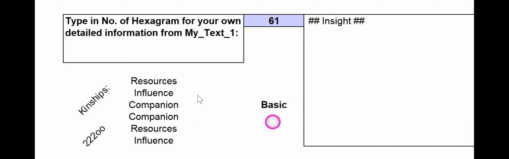As you can see, we have 2 lines companion, 2 influence, 2 resources, and together with insight. So this might be a good day to gain insight into resources, but it might not be that good a day if we talk about wealth. Another day might be more appropriate to that.